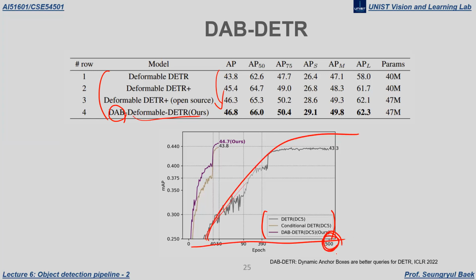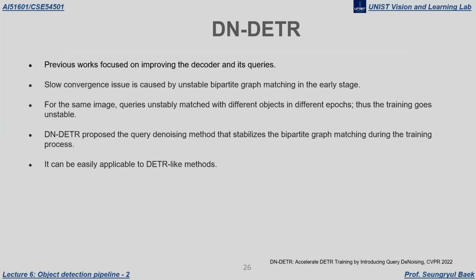Normally, it takes 500 epochs to fully converge, but conditional DTR takes less time, only 50 epochs to converge, and DAB-DTR is better than conditional DTR, okay? So this is the story of giving some spatial meaning to the object queries, okay?